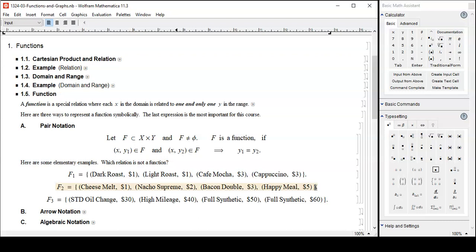Each menu item has one price tag, so it's a function. Also, this is a one-to-one function, by the way, because here more than one menu item share the same price tag, but not here. Now this one, this is problematic. Full synthetic is $50 or it's $60. It's ambiguous. This is not a function. Something is wrong. Somebody made a mistake.